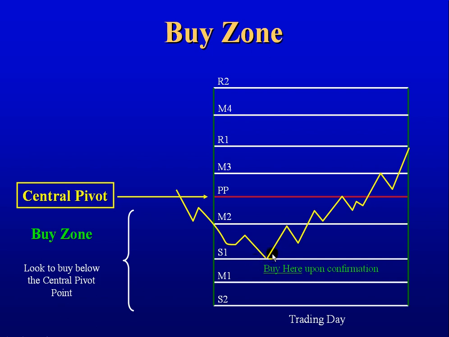So if we have a confirmation here, or based on some of the techniques that we're going to learn and apply, we will look to buy in the buy zone with the anticipation that price will move up, but we want to take our profit before some of these key levels in the event that price may bounce at these levels and move in the opposite direction.